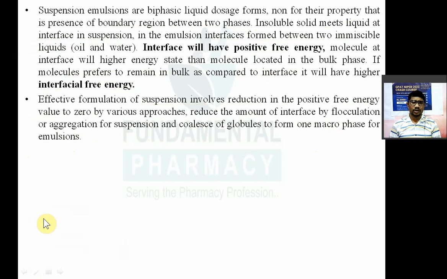The interface will have free positive energy because the molecules at the interface have a different energy state. They are at a higher energy state than the molecules present in the bulk.